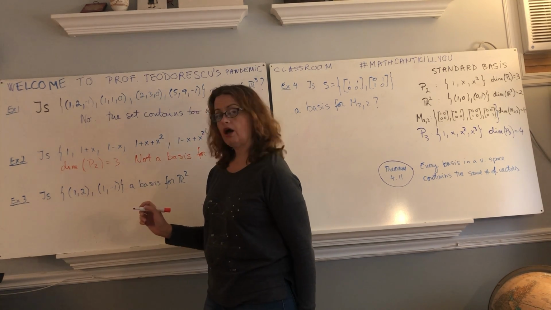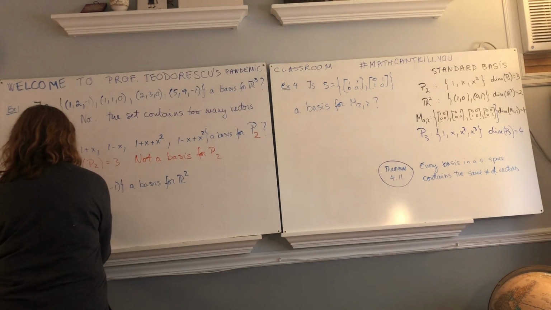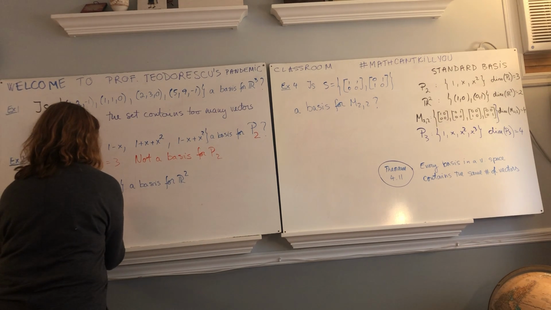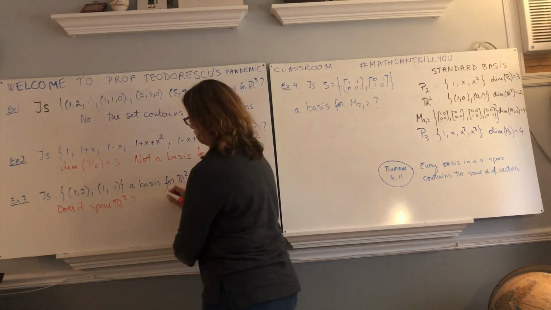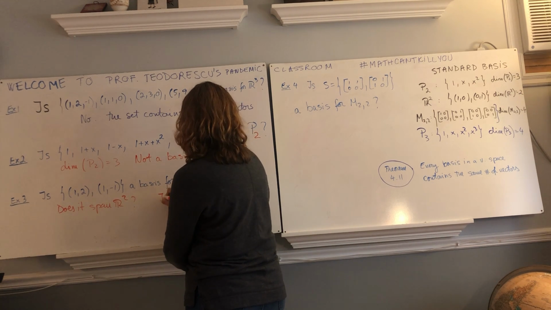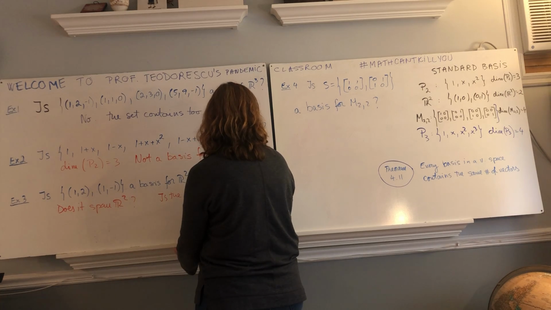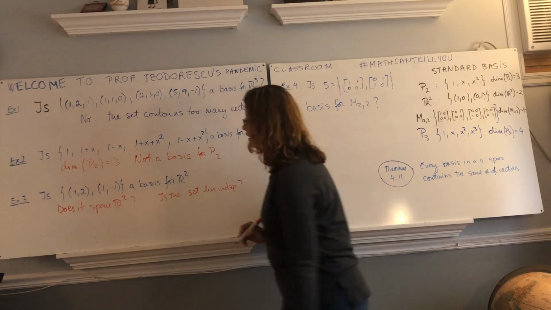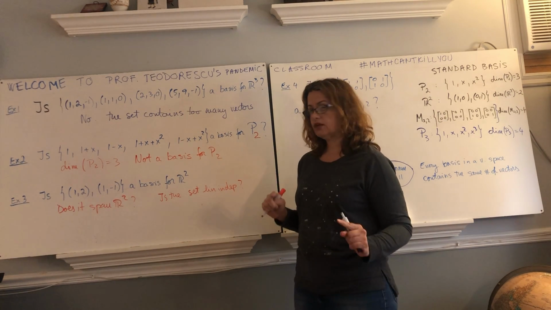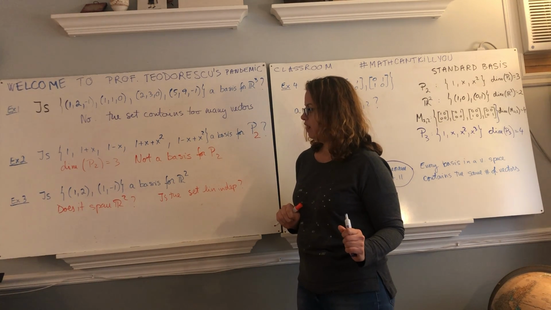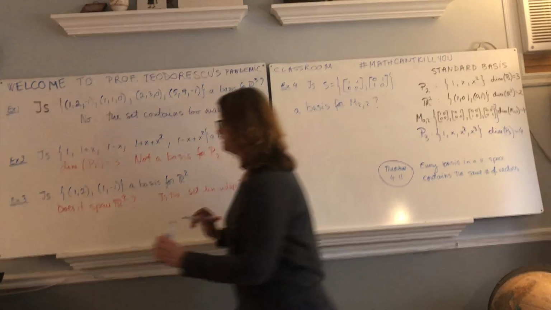So we want to ask, does it span R2, and is the set linearly independent? We need to check both of these conditions in order to figure out if the set forms a basis.